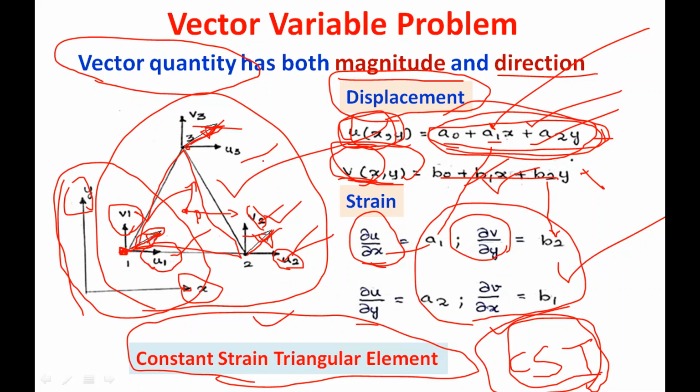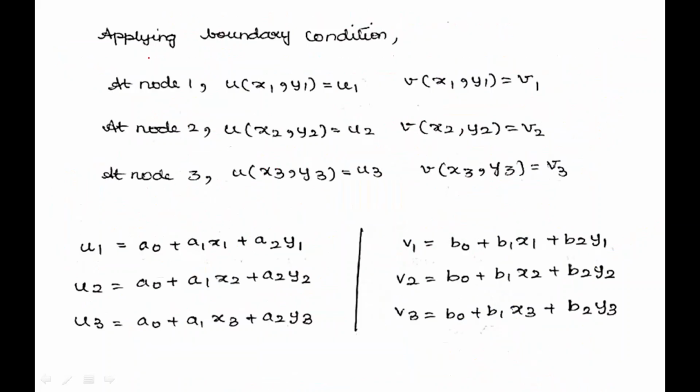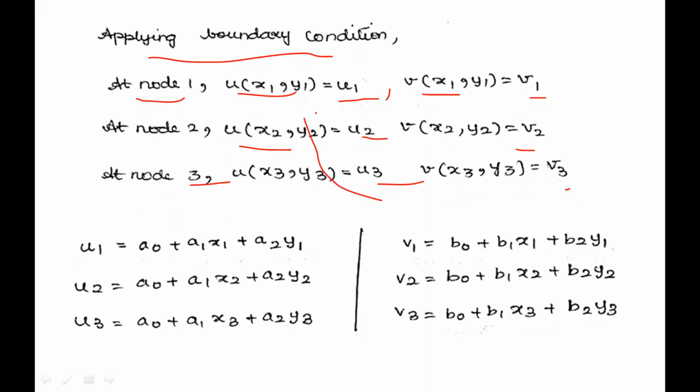Now coming to the shape functions. Now we will use the boundary conditions as we did in the earlier part. At node 1 we have u equal to u1, similarly v equal to v1. Node 2 we have u2, v2. Node 3 we have u3, v3. So by using these we can get three equations.